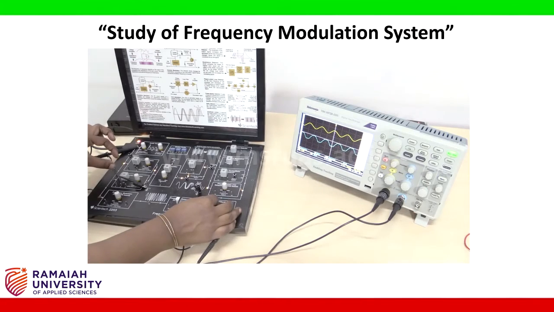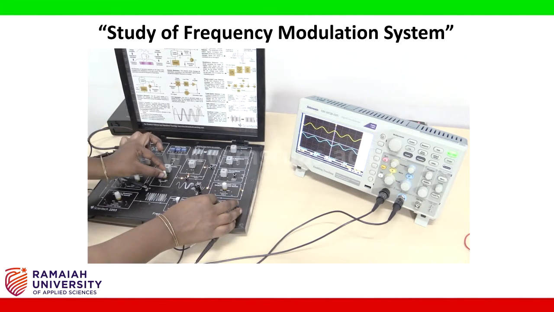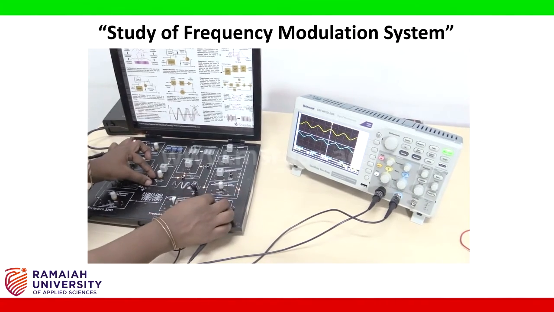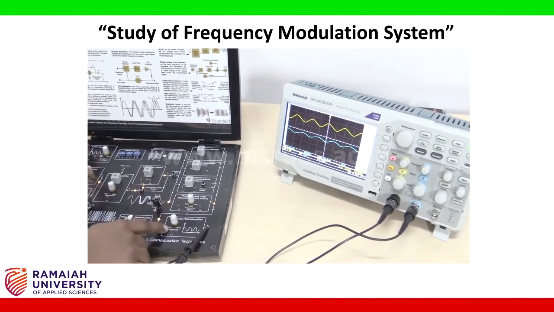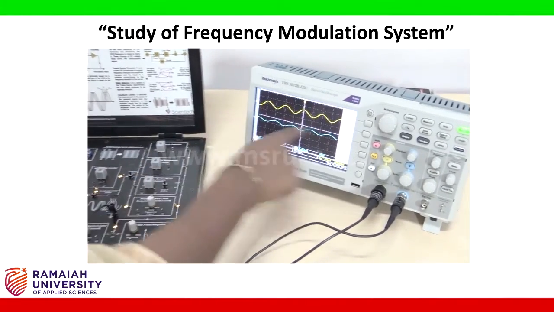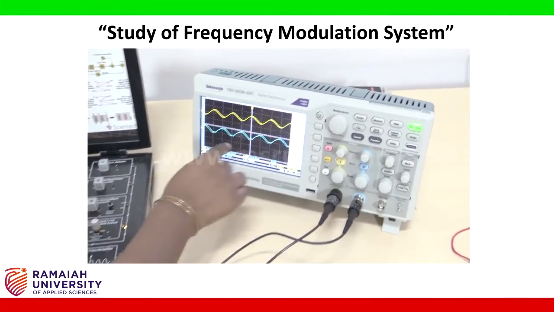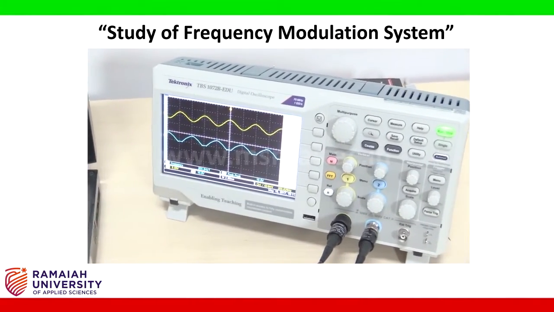So you can now verify by adjusting the mixer gain at the demodulator side as well as by adjusting the amplifier's gain at the output demodulator stage. You can verify that the message waveform and the output waveform are almost the same.